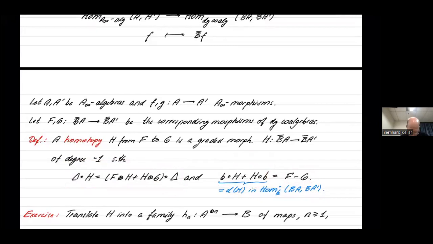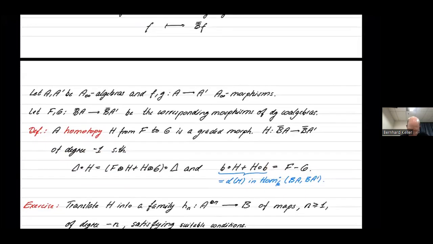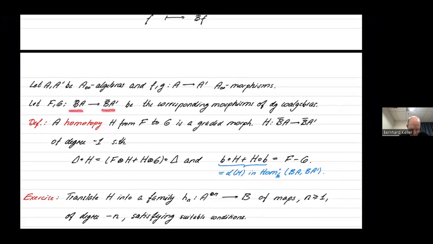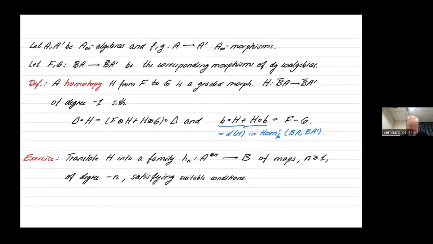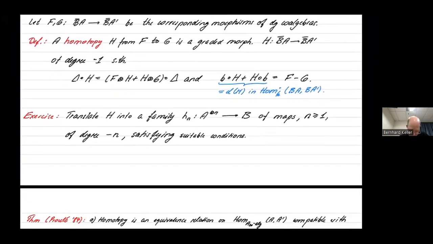So in this way, we define homotopy between the associated morphisms between DG coalgebras, and then you can translate this notion of homotopy into the language of families of graded maps defined for n greater or equal to 1 of degree -n instead of 1 minus n, which have to satisfy certain conditions with respect to F minus G. This is not hard.